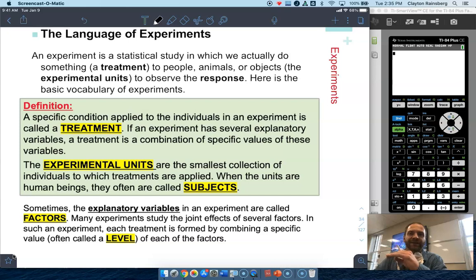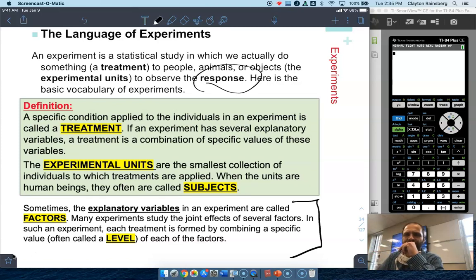In such an experiment, each treatment is formed by combining a specific value, or a level, of each of these factors. This part, I'd say, is the non-basic vocabulary, so we want to find a way to make it a little bit easier to understand. I have explanatory variables, which we call factors, and then sometimes there are different levels in those factors. And I want to look at a response that I want to measure based off a treatment.